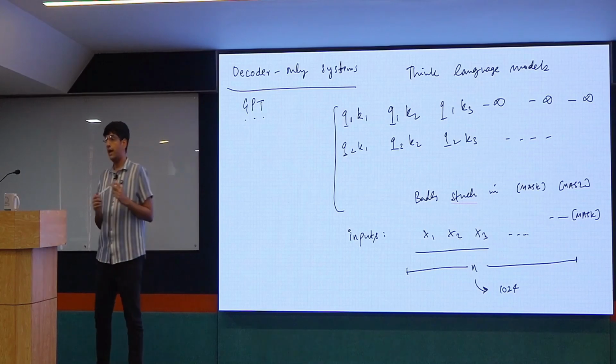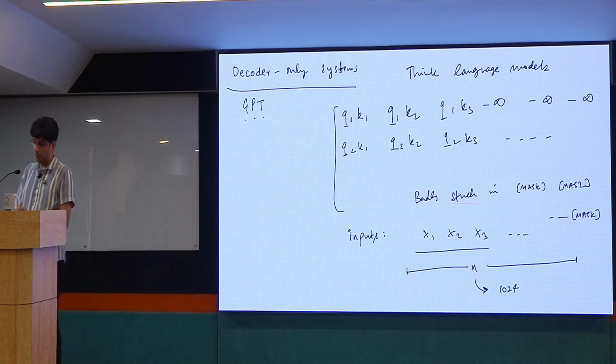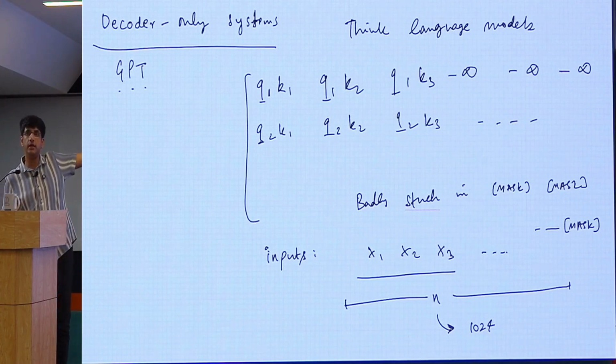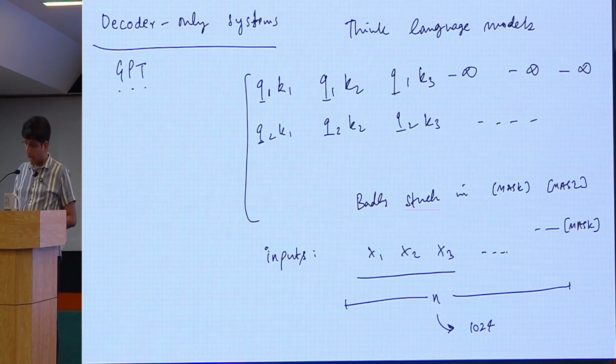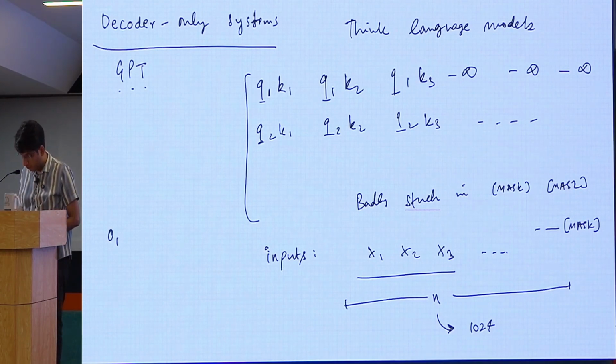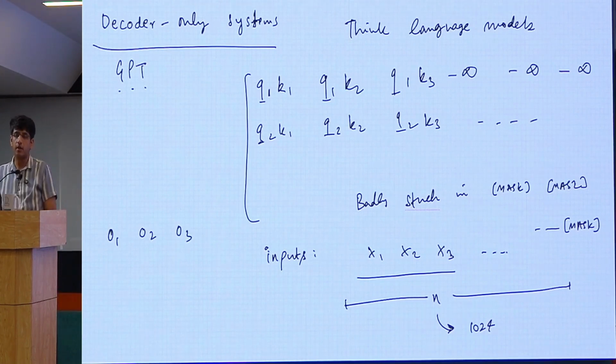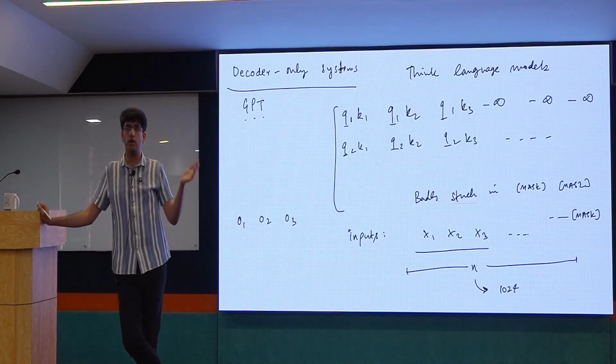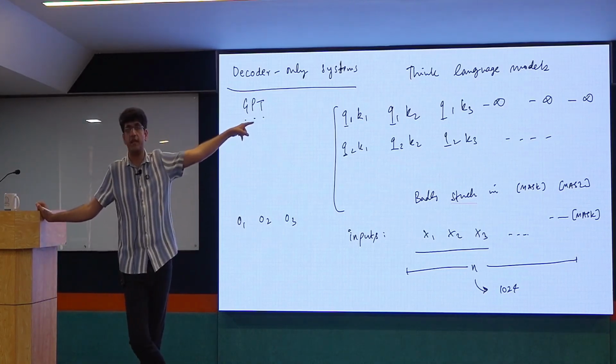Ultimately you will do those matrix operations that I had explained in the slide, and after doing multiple rounds of encoder, you will get O1, O2, O3, O4, O5, O6. O4 onwards are completely useless because they don't mean much. They are all masked out because of this negative infinity.